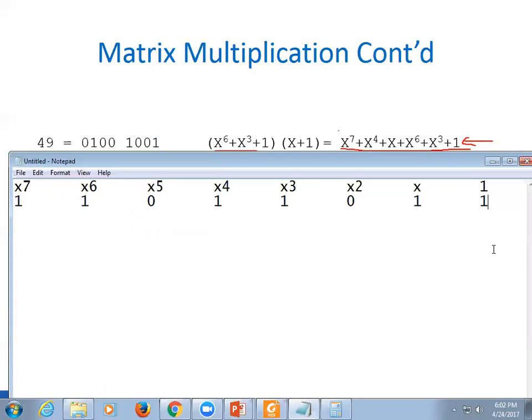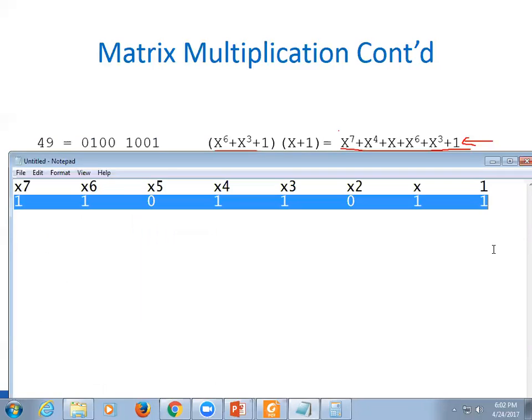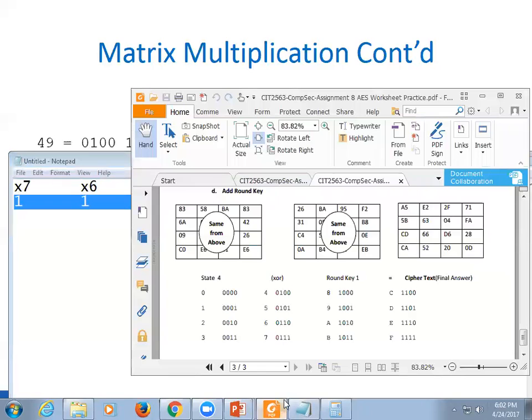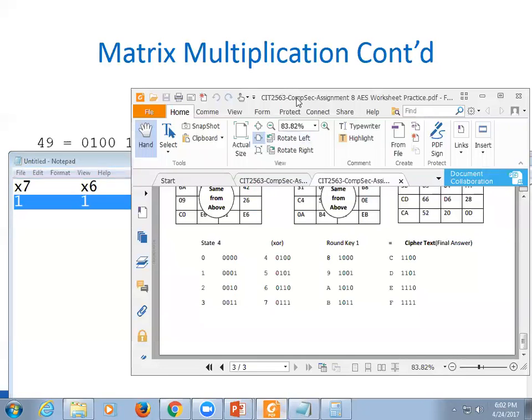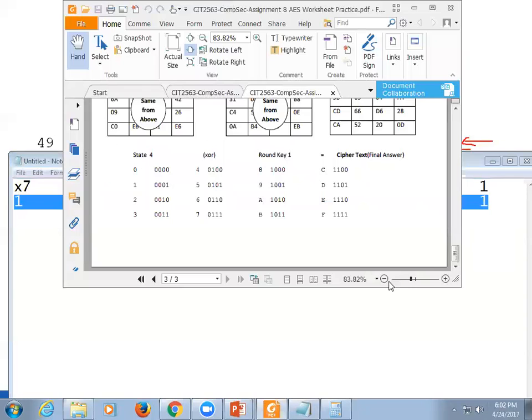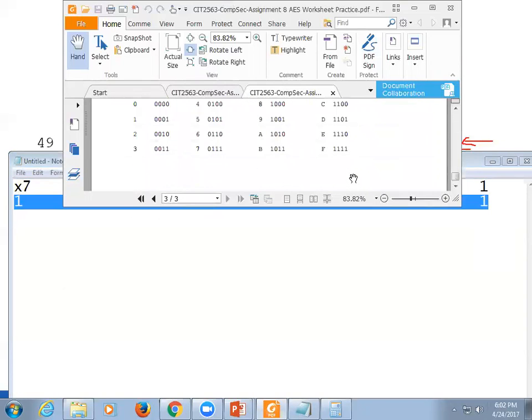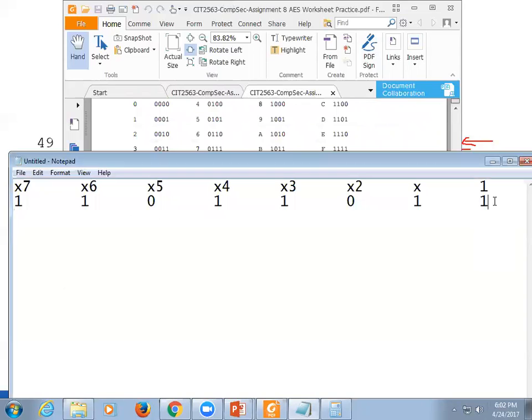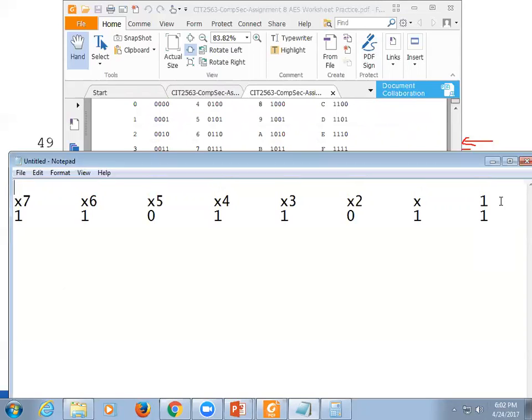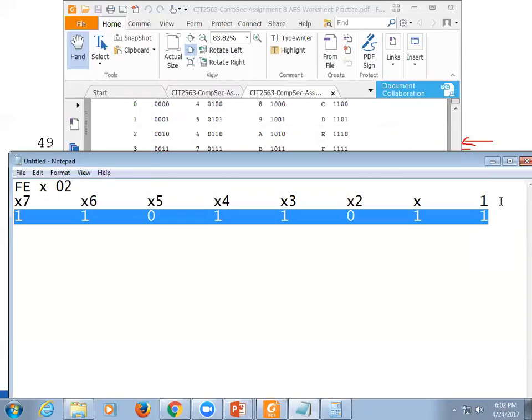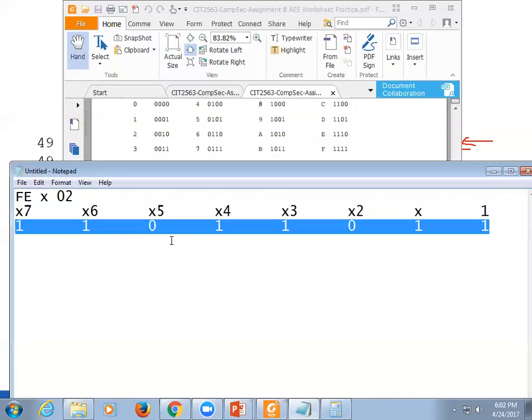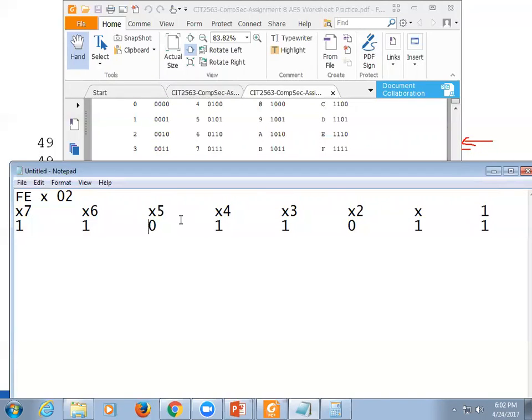So what is F in binary? Let's verify that by looking at our little chart here. Okay, so FE. I'm going to make this so we can see it all at the top of the screen. What we want to see is FE and 0, 2. So let's do FE first. F, we know by looking at the chart at the top of the page, is all ones: 1, 1, 1, 1.